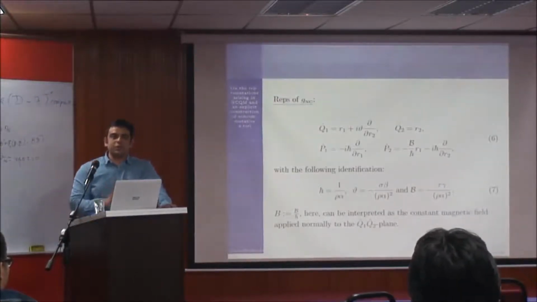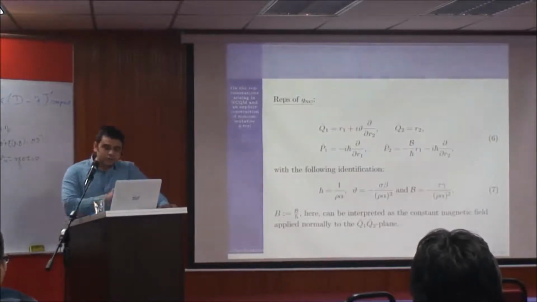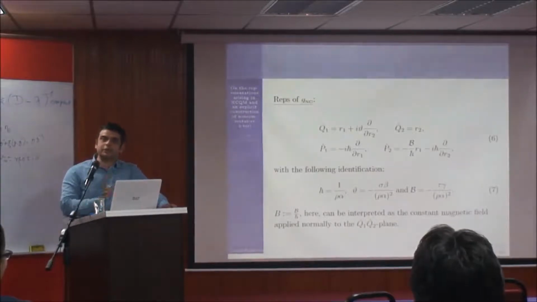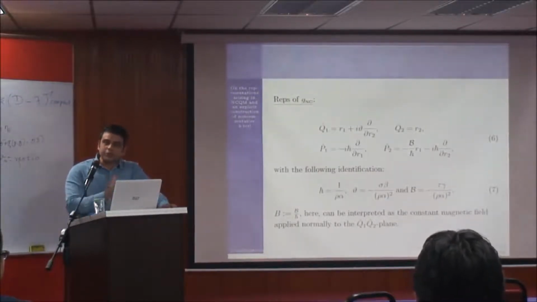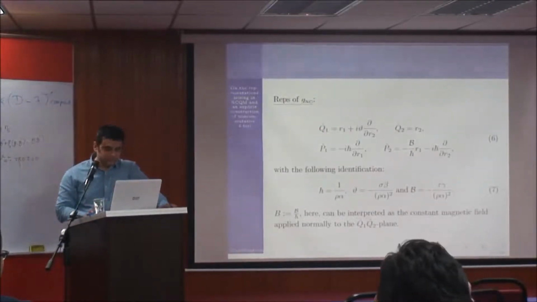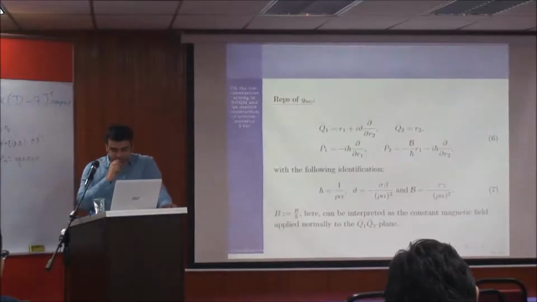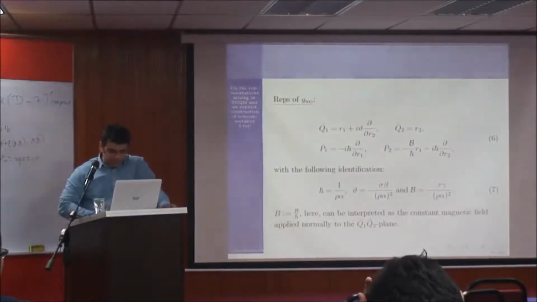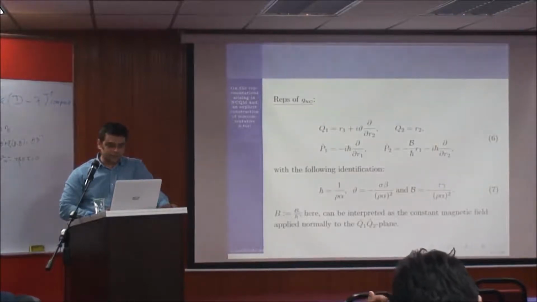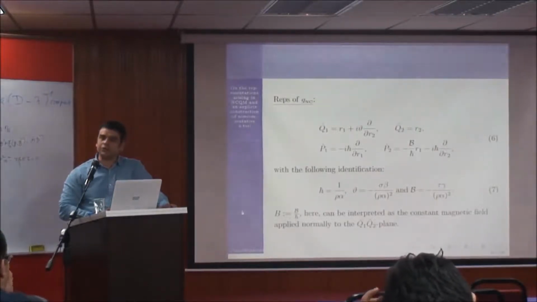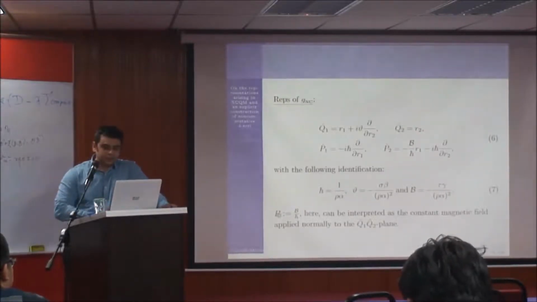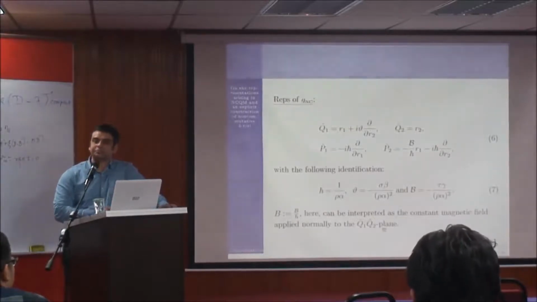So in other words, we not only tried to obtain the mathematical results, we also tried to keep them in agreement with the physical results. Here you see that the curly B over H cross is the magnetic field, and it is applied normal to the Q1 hat, Q2 hat plane.